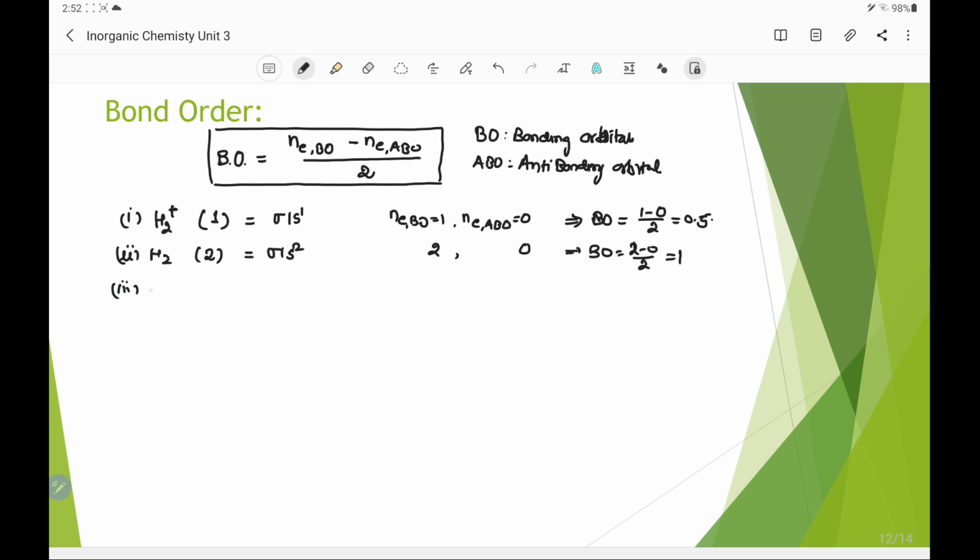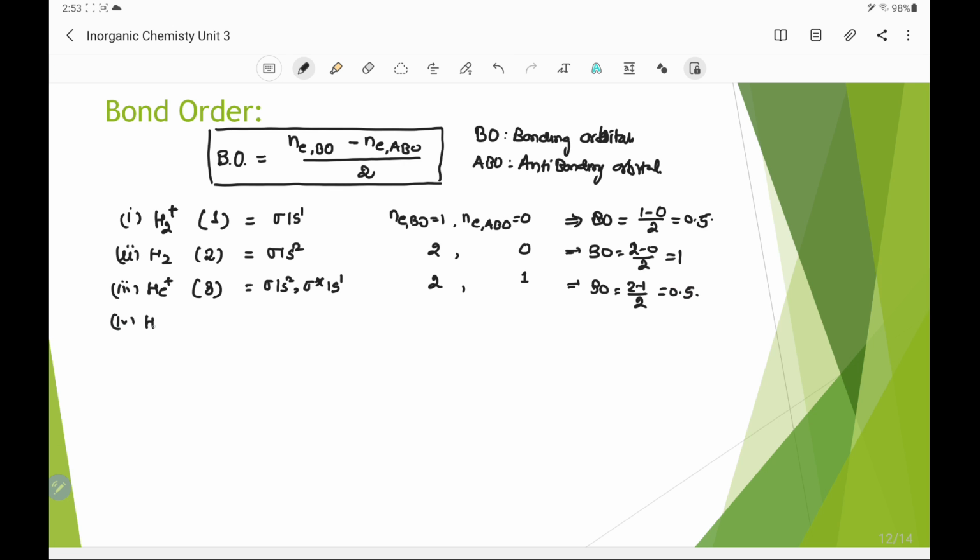Third, He2 plus has 3 electrons, so its configuration will be sigma 1s2, sigma star 1s1. Now it is the anti-bonding orbital and it contains only 1 electron. Therefore, the number of electrons in the bonding orbital will be 2, in the anti-bonding orbital will be 1, and bond order will be equal to 2 minus 1 by 2, that is equal to 0.5.